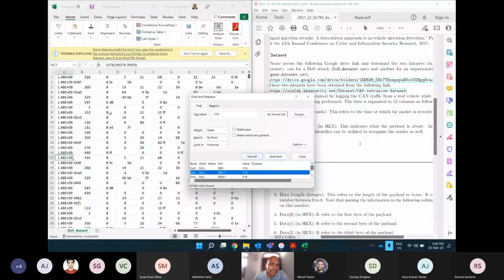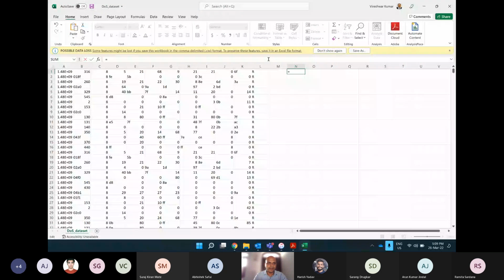Okay, so first I will need to know how many messages there are. For that, at least in Excel, I could probably find it by this unique key.